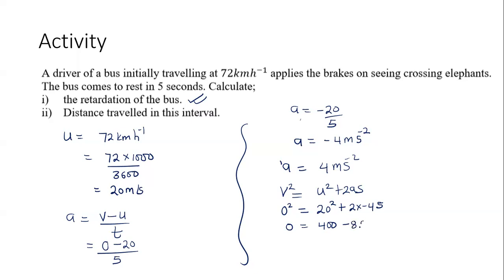So we subtract 400 on both sides. Then we divide each side by negative 8, and you get your displacement as 50 meters.